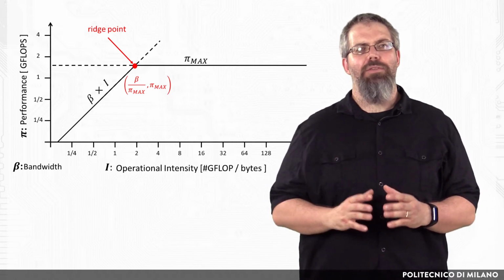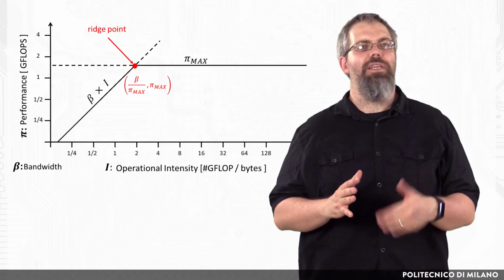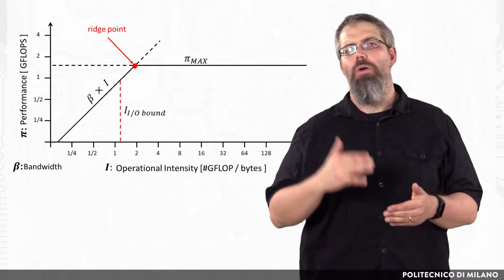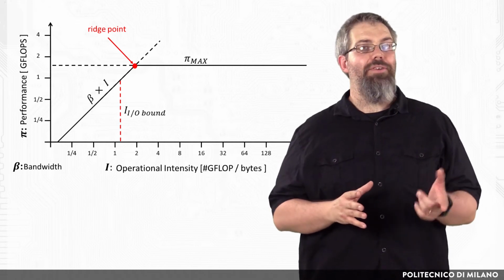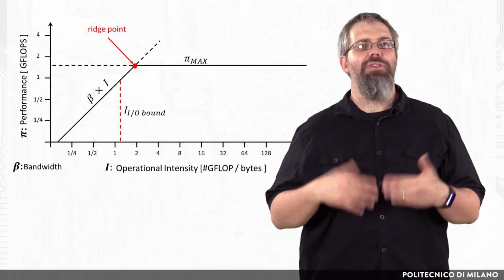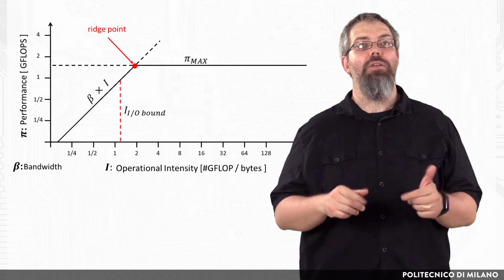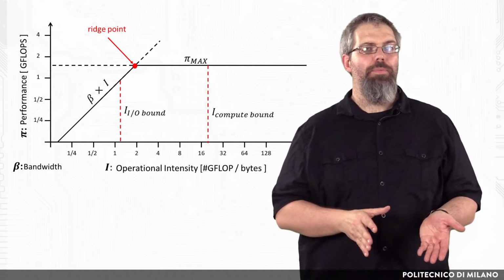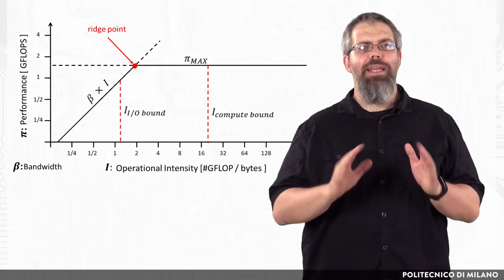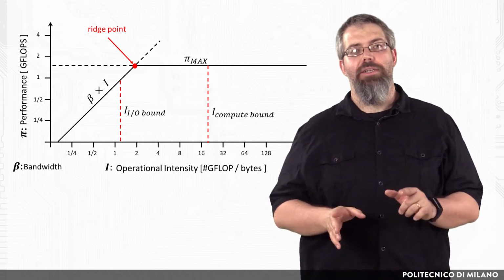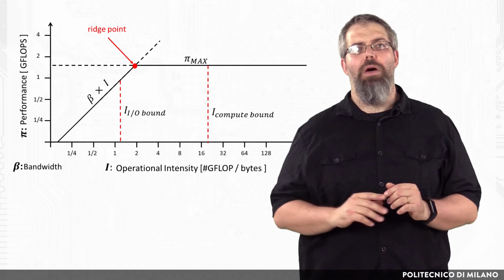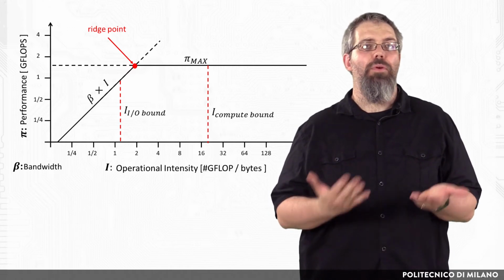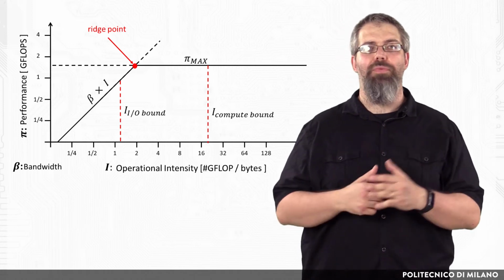If an application has an operational intensity which is smaller than such a value, the application is referred to as memory bound or I/O bound. On the other hand, if the application has an operational intensity which is higher than the one of the ridge point, the application is referred to as compute bound. Notice that an application might be memory bound on one architecture and compute bound on a different one. This is due to the fact that different architectures have different values for both the memory bandwidth and the peak performance.